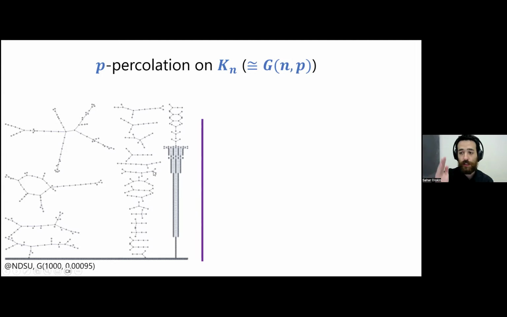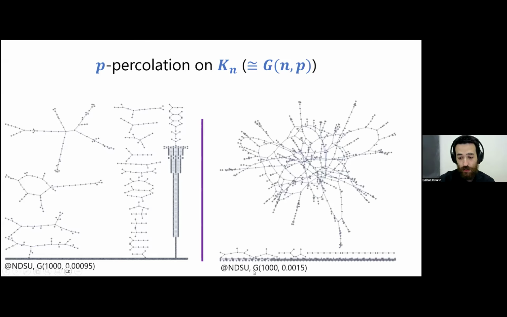So this is when the probability is less than 1 over n. But if you push the probability slightly above, the image changes drastically. Now I percolate with probability slightly more than 1 over 1,000, and there emerges this giant connected component, a beautiful structure. In particular, everything else is very, very small.